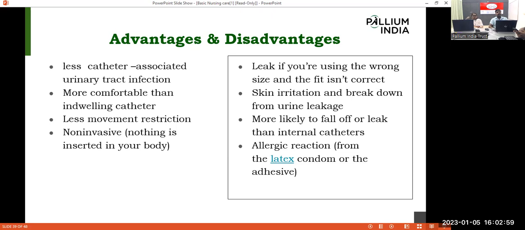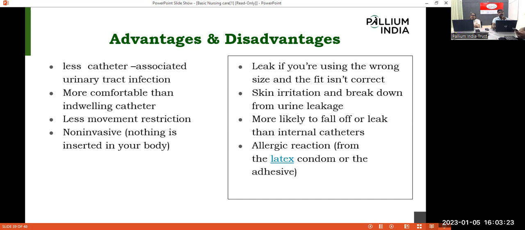Then there is less movement restriction, no restriction needed. Suppose any pulling happens, only the urocondom will come off. That's all. Then it is a non-invasive process also. Catheterization is a mildly invasive process, but here it is non-invasive.